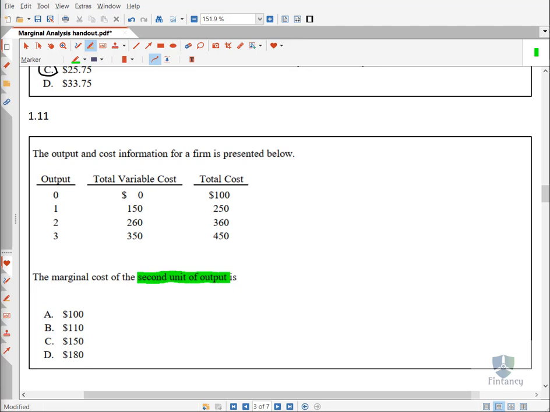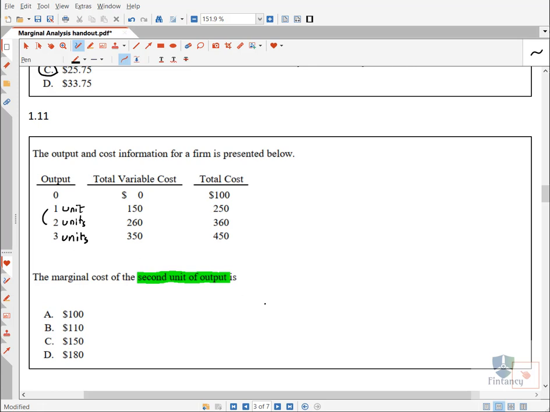Yeah, very nice. 110. How did you get it? Like the way we did before. The second unit is where? It's somewhere in between here, right? Because this is 1 unit, this is 2 units. Please note, this is 2 units, this is 1 unit, this is 3 units.